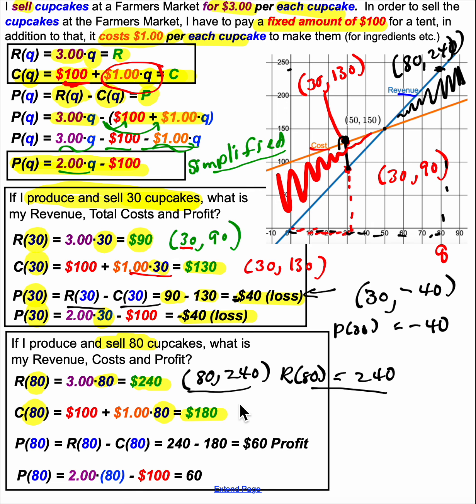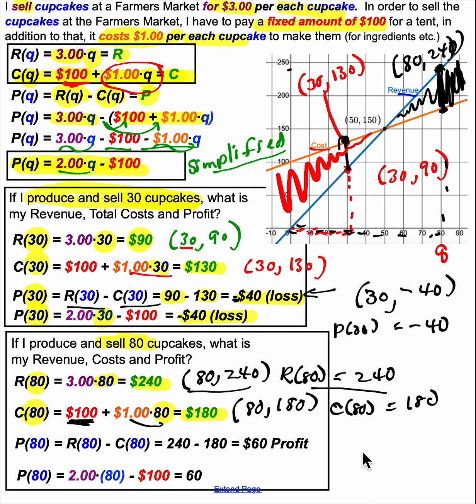And so when I produce and sell 80 cupcakes, my total cost is $180. $100 for that fixed cost plus $1 for each cupcake gives me $180. So C of 80 is equal to 180. And I can come over here and I can see when I have a quantity of 80 and I hit the cost function, I can see that my revenues are bigger than my costs. So it makes sense that I'm actually operating at a profit now.